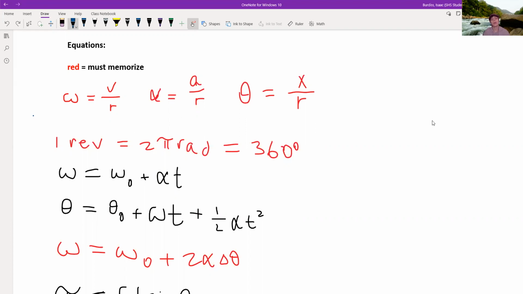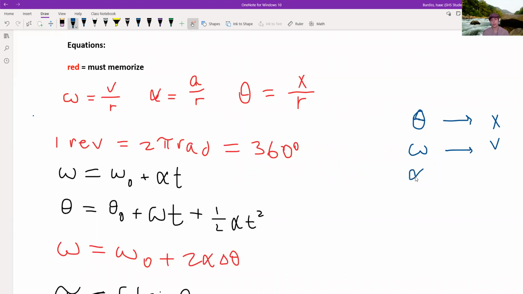If you remember, you can relate this, which you might think is angle, but is actually angular distance or displacement, to the linear displacement that we learned. You can relate this W symbol, which I know is not what it is, but I'll just call it W, to our V that we've used.